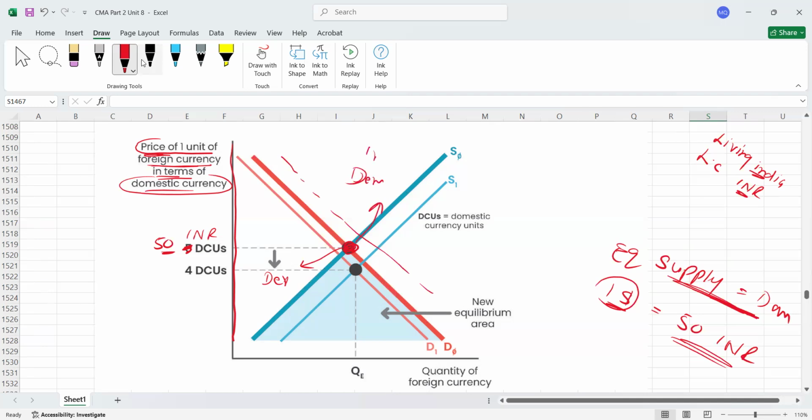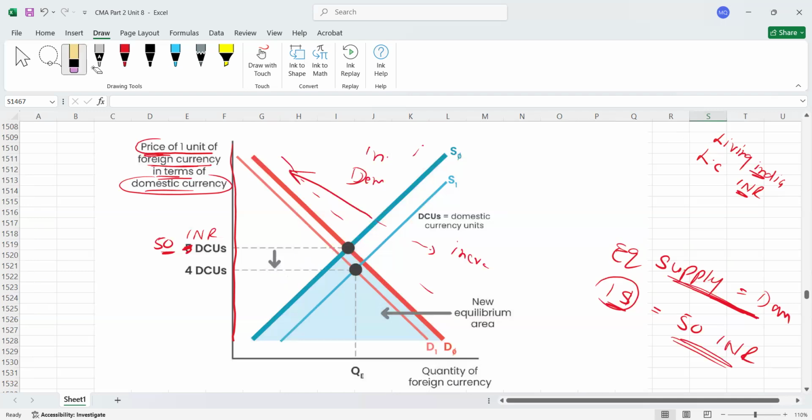And look at this supply curve now. If it moves to this side, for example maybe here, we will say supply is decreasing. If it moves to this side, we will say supply is increasing.